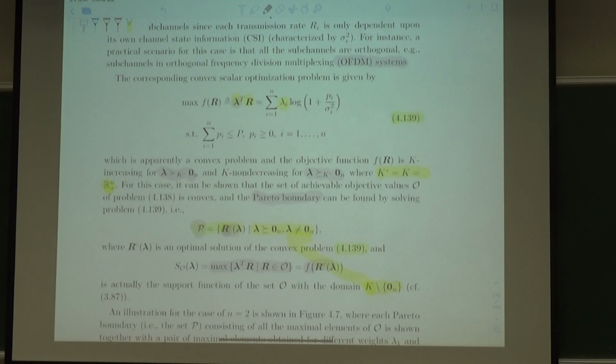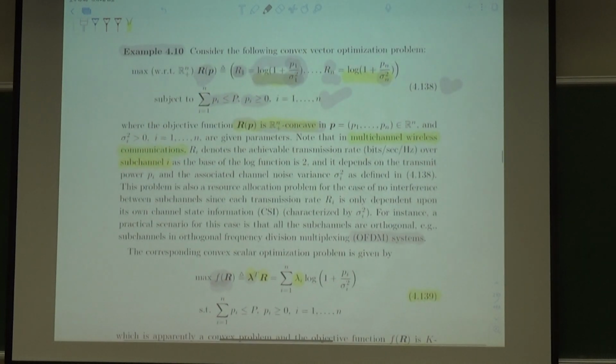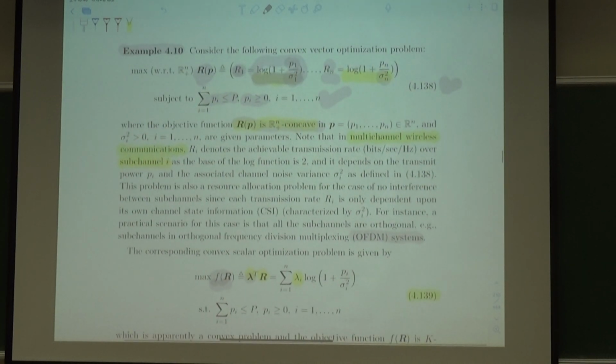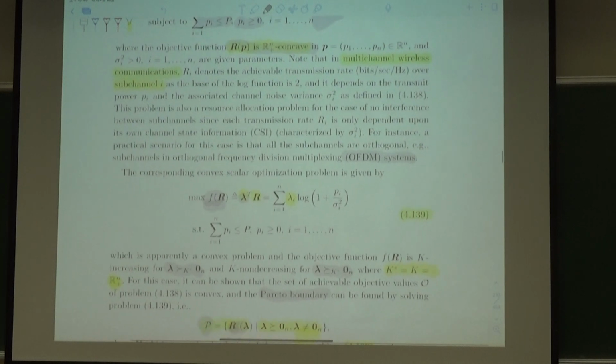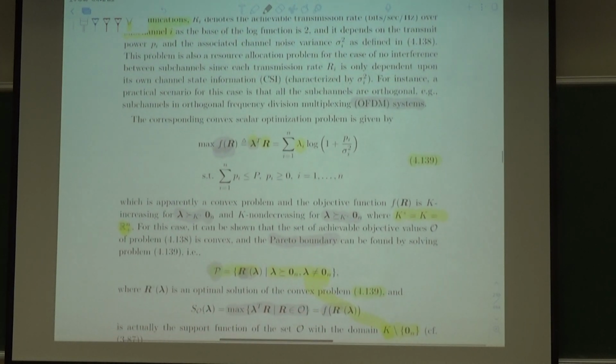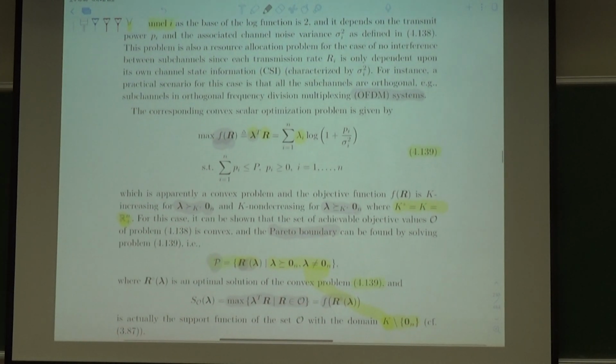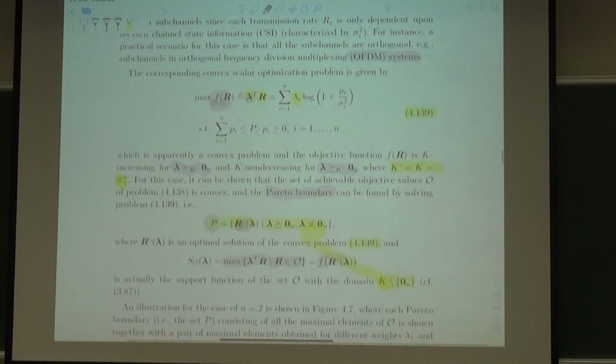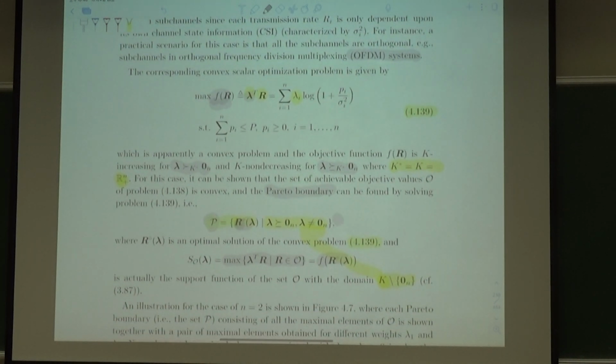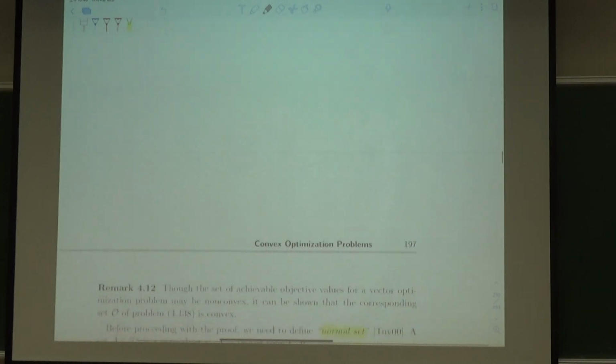This is scalarized. I define this as the objective function, which is different from what I mentioned, F0. So we want to find this. Okay, then you solve the above problem.